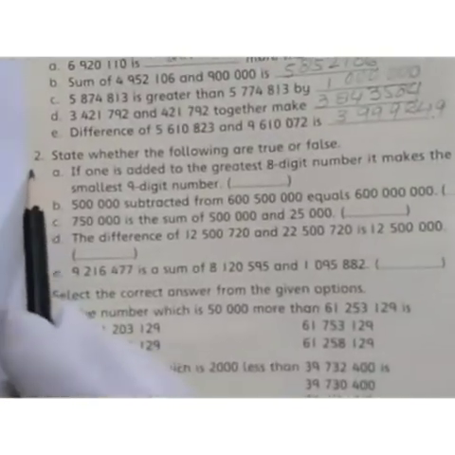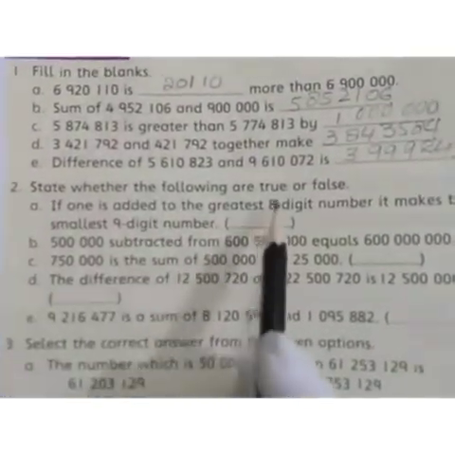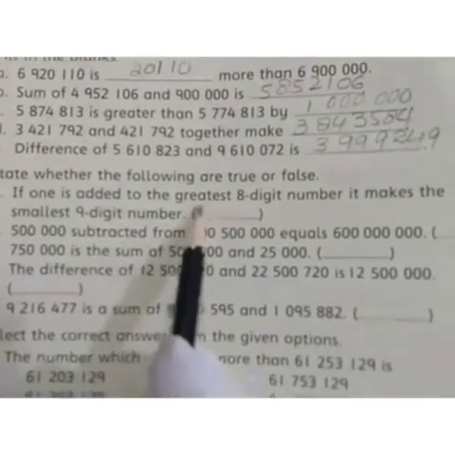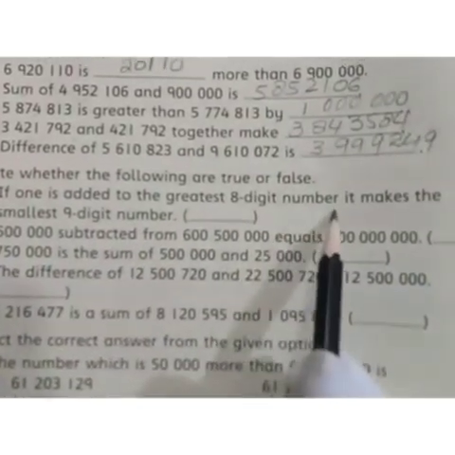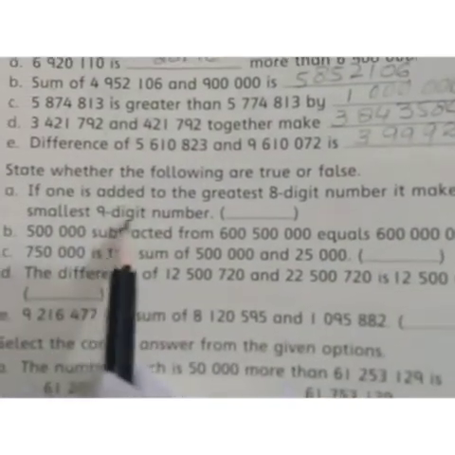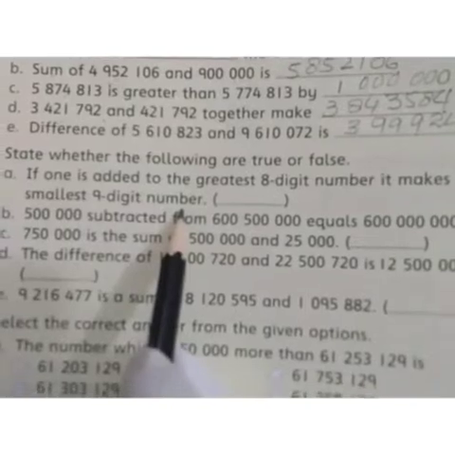In question 2, state whether the following are true or false. If 1 is added to the greatest 8-digit number, it makes the smallest 9-digit number. Is it true or false?